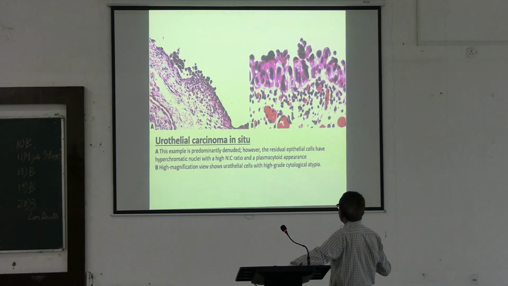So atypia and pleomorphism are in the surface only. There is no ingression inside the substance, inside the subepithelial connective tissue. Urothelial carcinoma in situ. So this layer only is pleomorphic, no invasion.